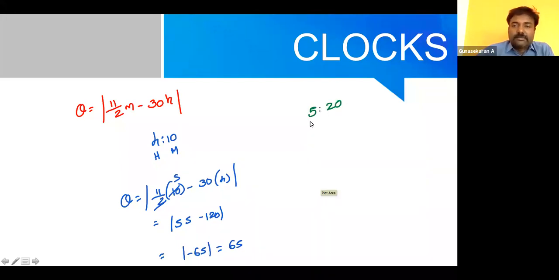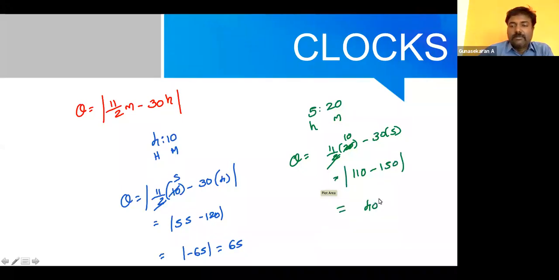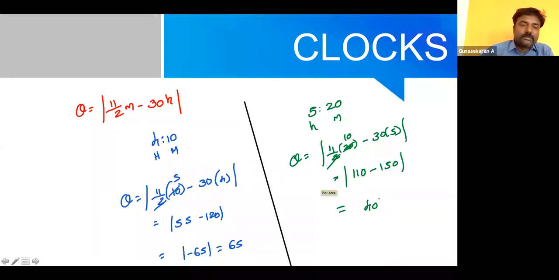5:20. What is the angle? Hours, minutes. Theta equals 11 by 2 m minus 30 h. 110 minus 150. 40 degrees. Clear how to apply the formula? The angle between minute and hour hand formula, most important formula.